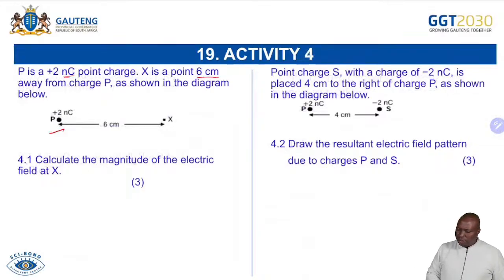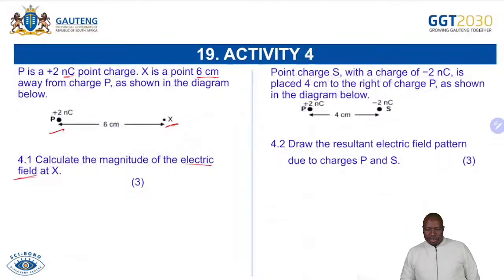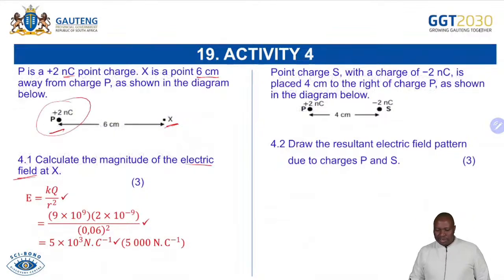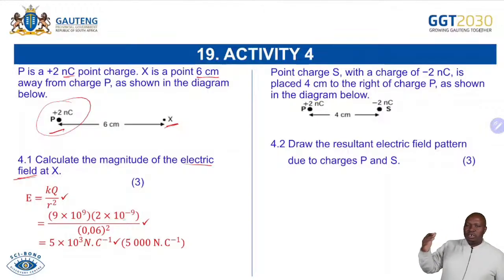Now the question was, calculate the magnitude of the electric field at X. You know that the electric field at X can only be contributed by these 2 nanocoulombs that we have here, which is our point P. With no difficulty, you will say E equals KQ over R squared, and you are using that 2 times 10 to the power of minus 9. Don't forget, that is nanocoulomb. If it was microcoulomb, you will say 10 to the power of minus 6. If it was picocoulomb, you will say 10 to the power of minus 12.